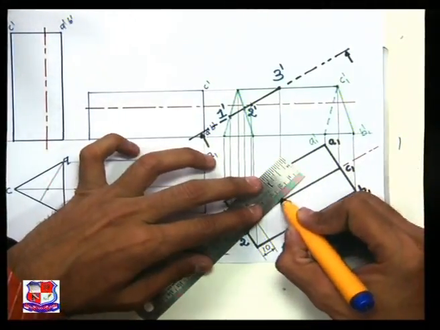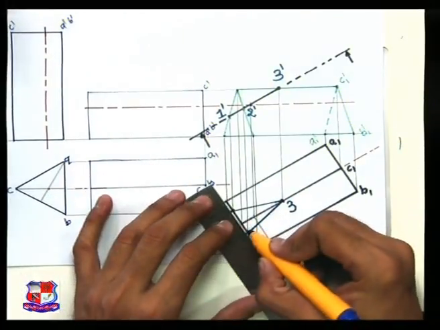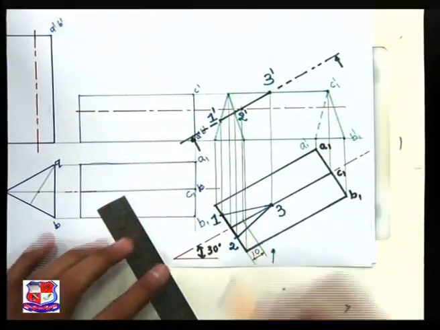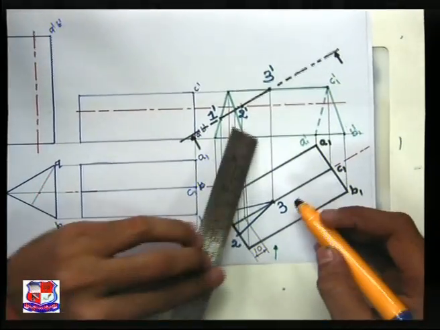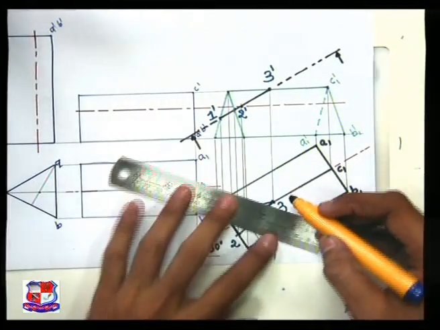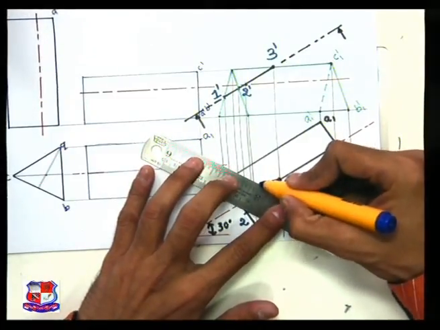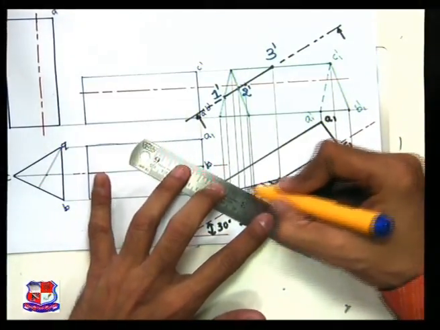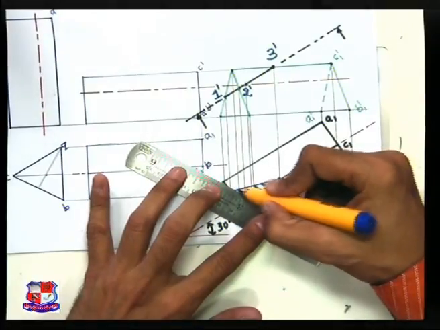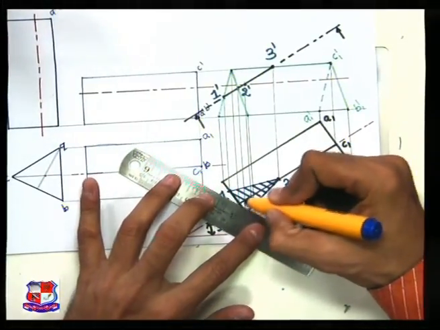So this straight line represents the cutting portion, and here internal portion should be removed, and we should draw section lines in this region, in this 1, 2, 3 triangle. So this section line represents the cutting portion of this triangular prism like this.